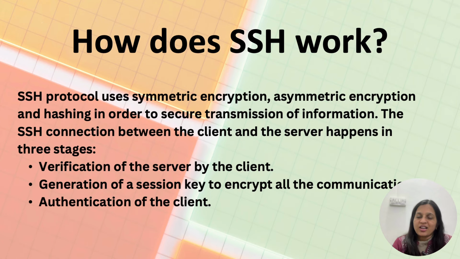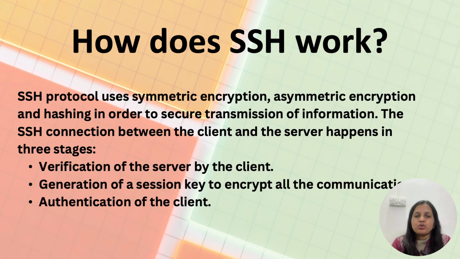If the host has the correct private key, then it will decrypt the message and obtain the random number that was sent by the server. Once the random number is obtained by the client, it combines it with the session key that was generated in the second step. That is the common key that both the client and the server have.